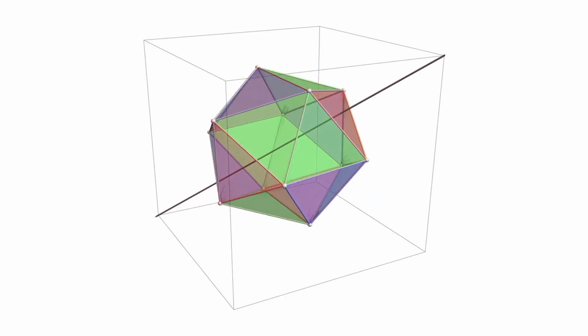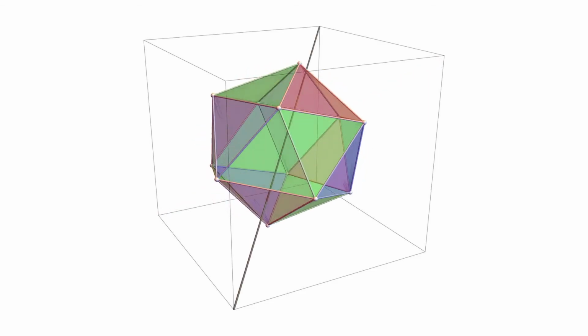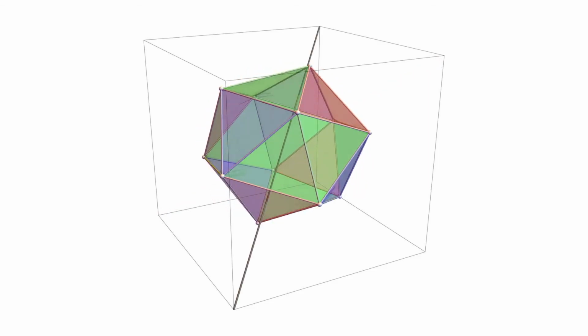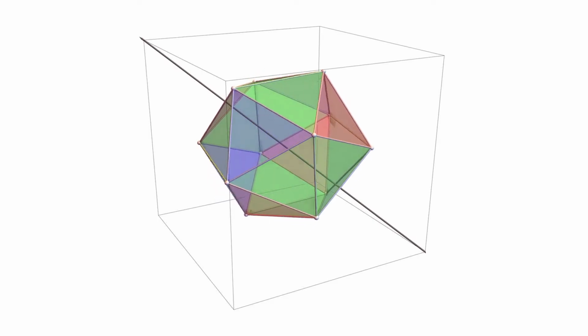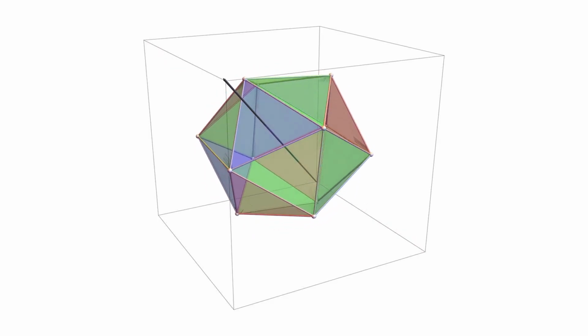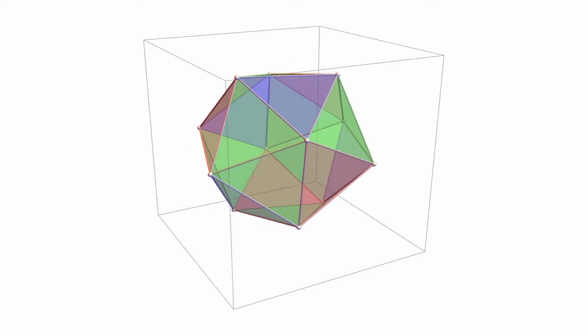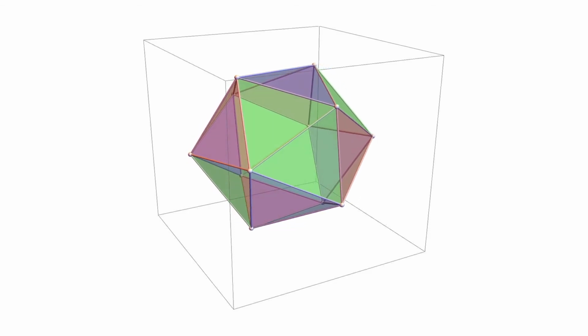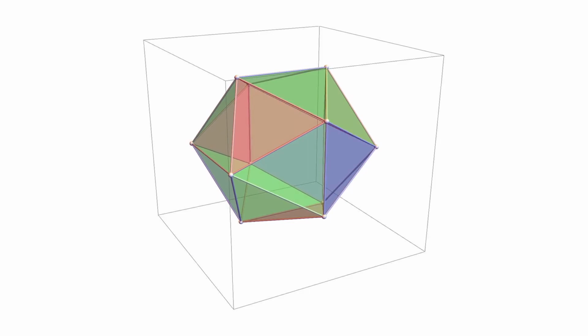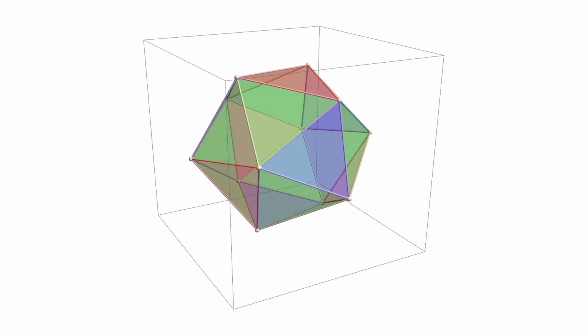But these are not all the symmetries of the icosahedron, because these symmetries preserve the red, green, and blue triangle partition. The new symmetry, a rotation around a different axis, exchanges red, green, and blue triangles.